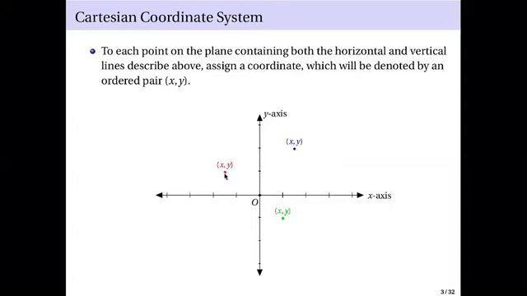This point also as x comma y. This point also as x comma y. But later, we will give them their specific names, and the specific names are based on their exact location on this flat plane.